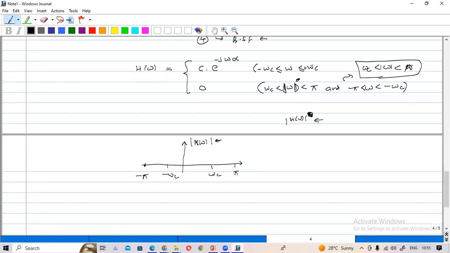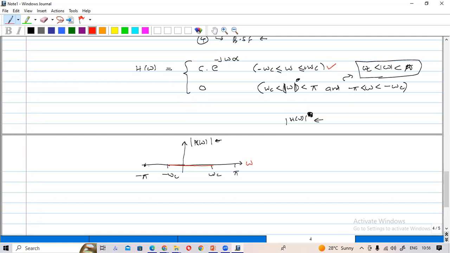What is this range? This is the range, minus omega c and omega c. I'm drawing omega with respect to h omega, so omega is between minus omega c and plus omega c. So this is that range, okay?